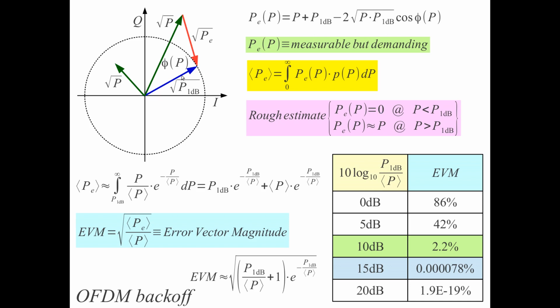But if we are outside the circle, we can just say that the error power is equal to the whole power requested. This is actually an overestimate of the error power, but it's not that bad an estimate, as we shall see later, because the error power due to AM to PM conversion is quite large. And if this peak power is very large, the difference is small.